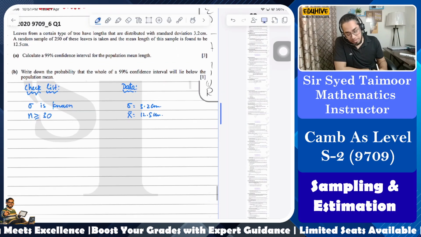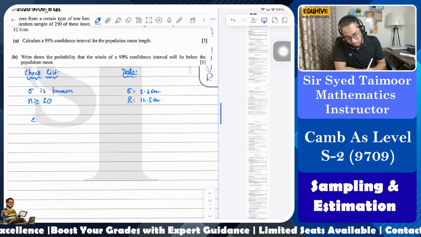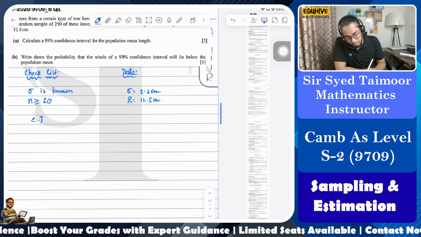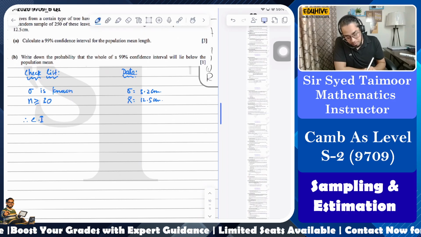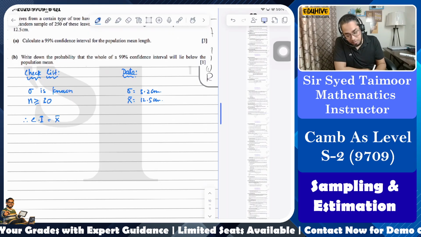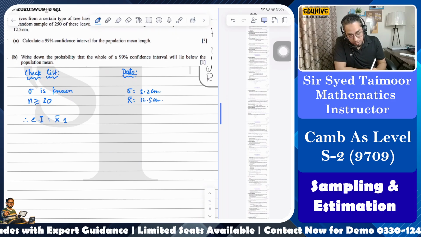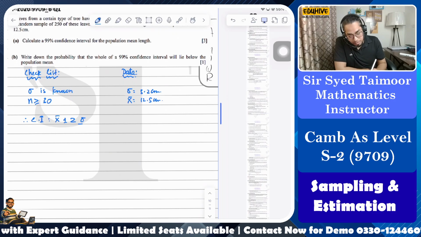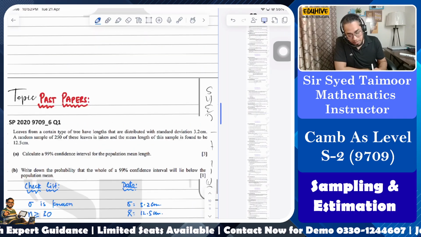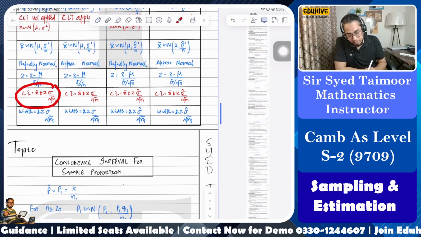So our x bar is this one, and the confidence interval will be done this way: x bar plus minus z sigma over root n. Okay, this formula I'm using.